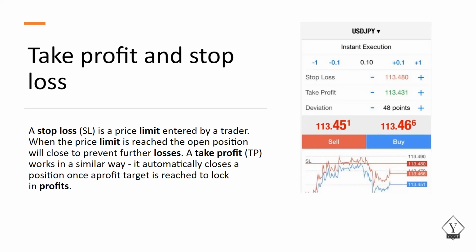What is a stop loss? A stop loss is an amount of money that you are willing to lose on the trade. A take profit is the amount of money that you are looking to target, which is something that leads people to greed. We're not just going to target any random amounts of money, because the market is not controlled by us, and there's a high chance that price can change direction at any time.